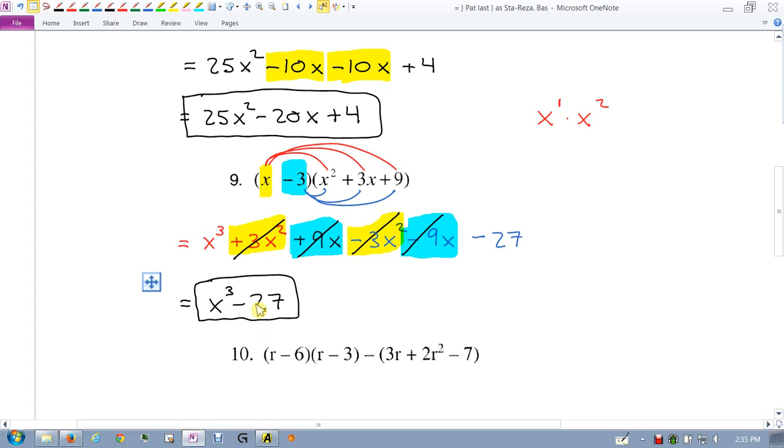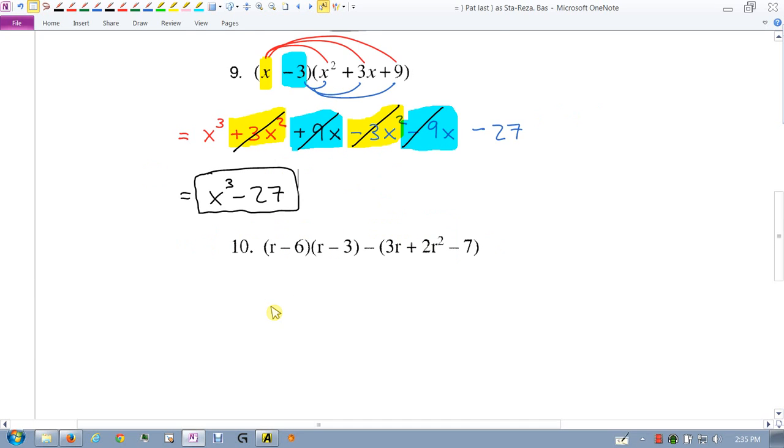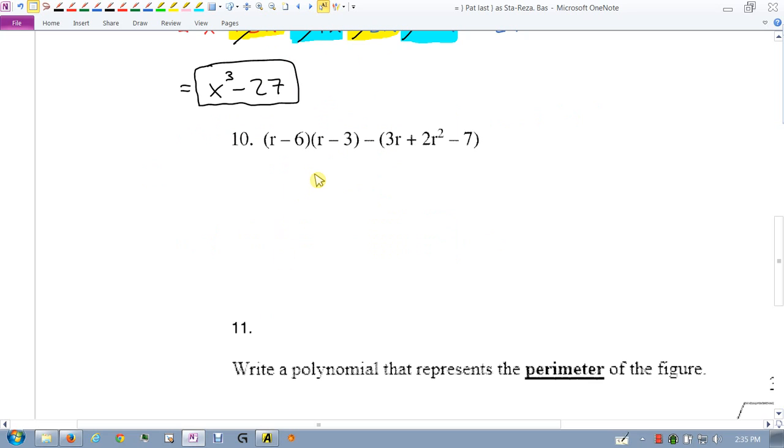And for the difference of cubes, right, x cubed is something cubed, and 27 is 3 times 3 times 3. It's a special cube. And so we'd have to recognize that when we see it, and then we would go to a formula called the difference of cubes formula. So yes, you are correct. We're just not there yet. We're making sure you can go this way before we try and go back. All right, next one.